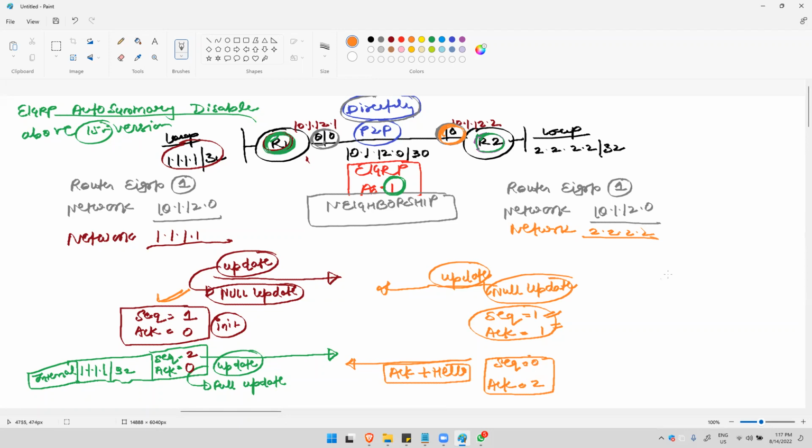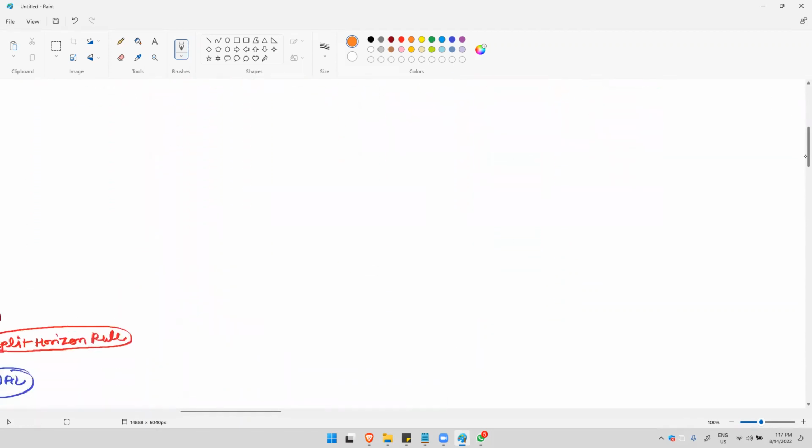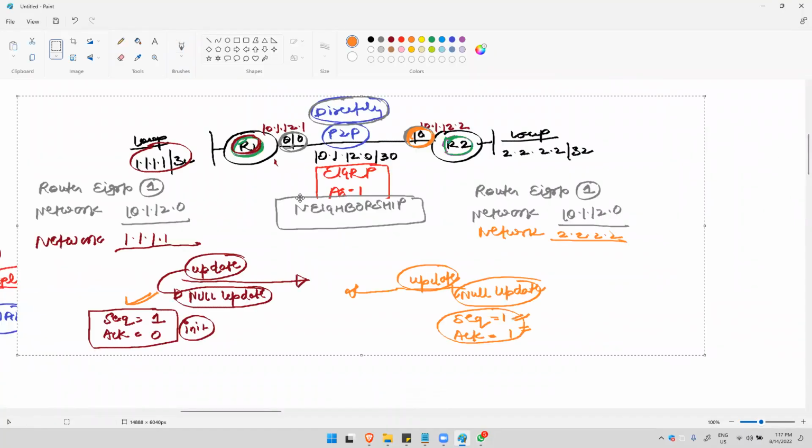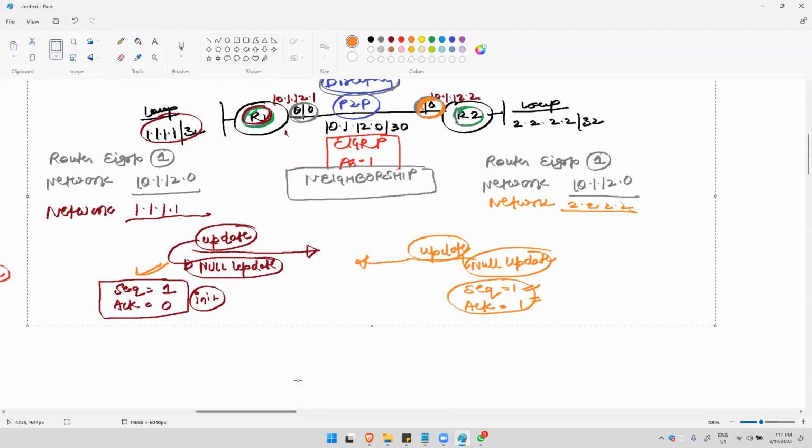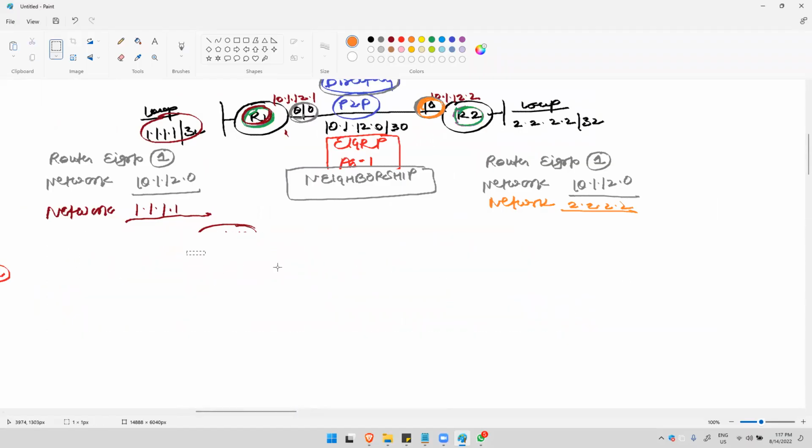Now, after some time, R1 says I'm getting a new branch connected, and this new branch address is 11.11.11.11/32.